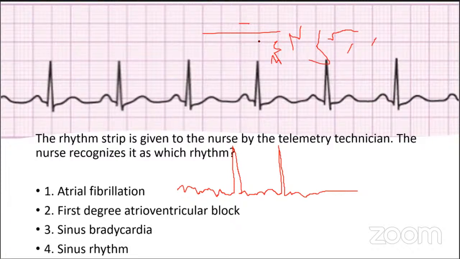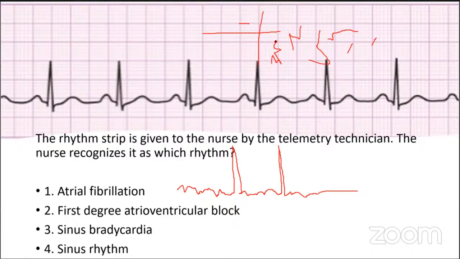All you need to do is pick out a QRS complex that falls on a thick line, and then write out these numbers. Don't bother about where you are getting the numbers from. Just memorize it: 300, 150, 100, 75, 60, 50. That's all you need to do.